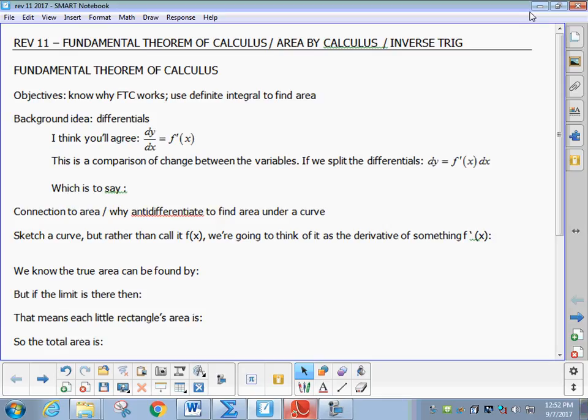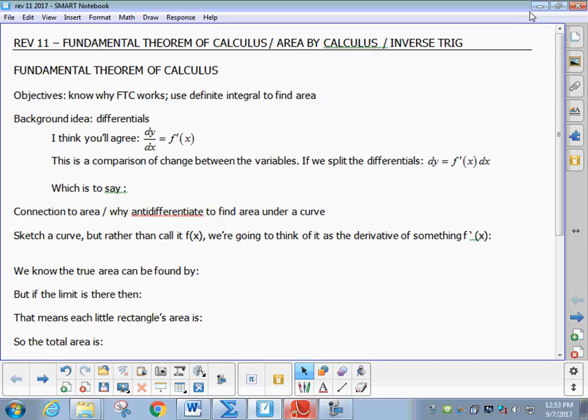Sometimes, however, you don't want to talk about how the changes relate to each other. You just want to say, how much does y change? That's it. If that's the case, then I really need to isolate how much y is changing, that differential for y. And so I isolate dy by moving that over, getting another equivalent fact that must be true: dy is f prime dx.